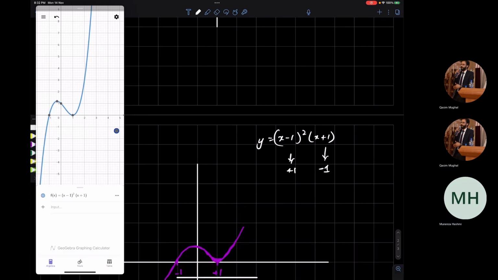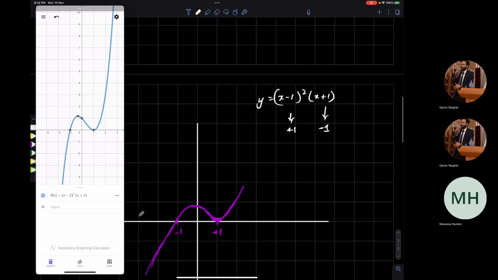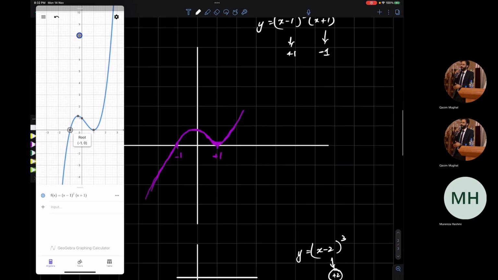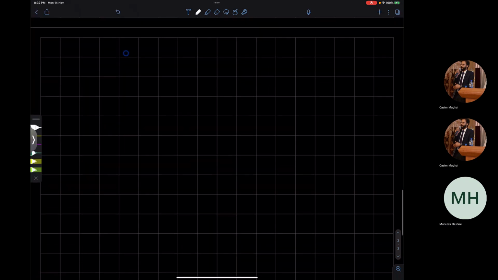Now you can see it is tangent at plus 1 over here. From here we got plus 1, so it is tangent at plus 1 here. And then it is crossing the x-axis at minus 1 over here. Got it? Yes, sir. So this kind of works exactly the same as a quadratic.